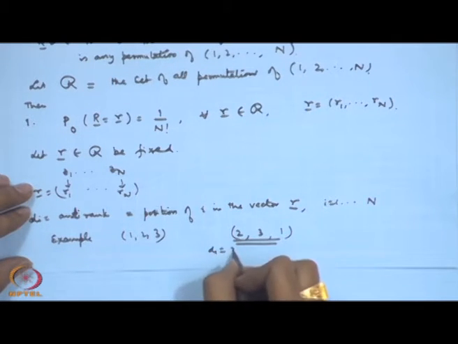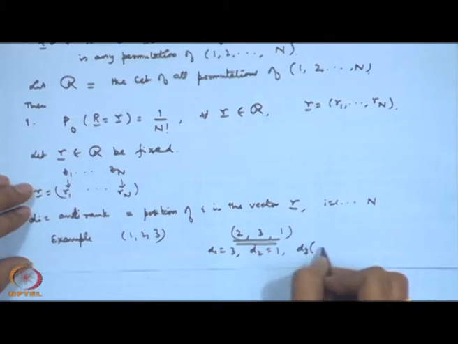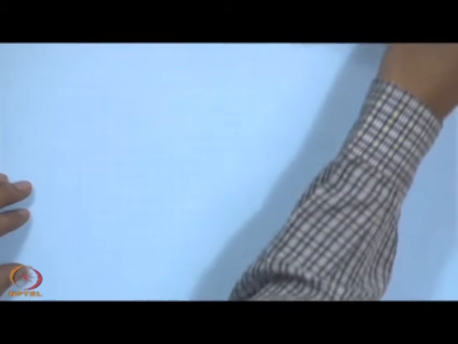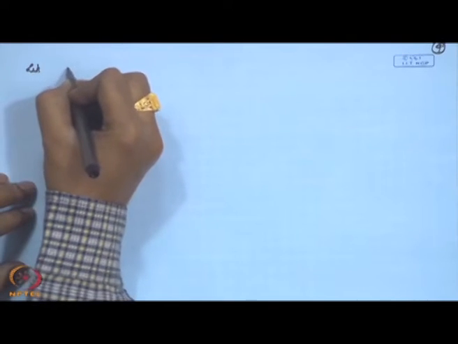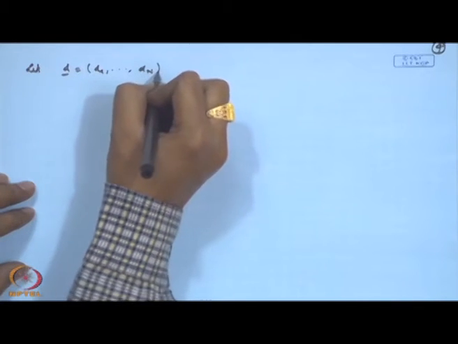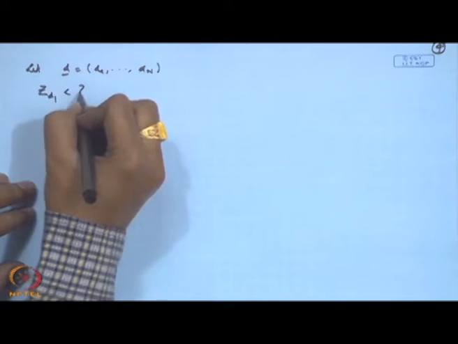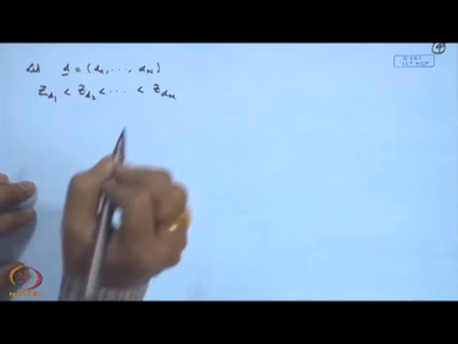D1 is 3, D2 is equal to 1 and D3 is equal to 2. These are the anti ranks here. So, let us write D equal to (D1, D2, ..., Dn), that is the vector of the anti ranks. Then what we are saying is that Z(D1) is less than Z(D2) less than ... Z(Dn).